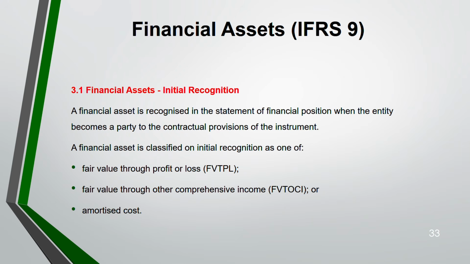But for subsequent measurement, you have a choice: cost model or fair value model. Here also there are two models, cost model and fair value model. The only thing is the names are changed. The cost model is only one, that is amortized cost. And for fair value, there are two: either through profit and loss, or through OCI.